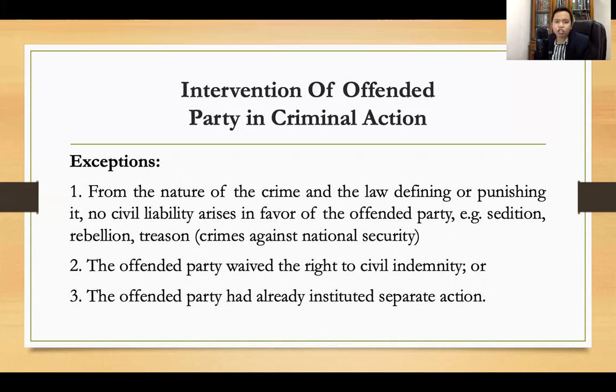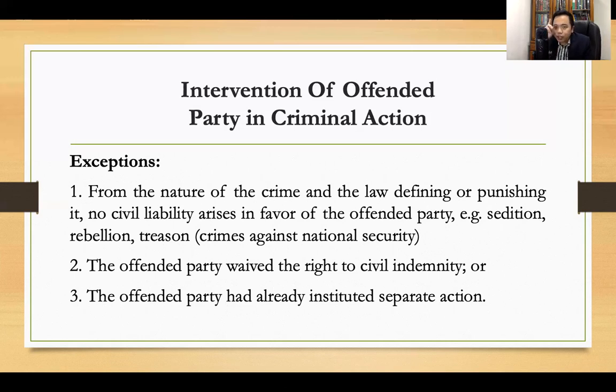In case of sedition or public uprising, in case of rebellion, treason, these are crimes against national security and there is no civil liability and therefore there can be no private offended party or no intervention by a private offended party. Number two, the offended party waived the right to civil indemnity.